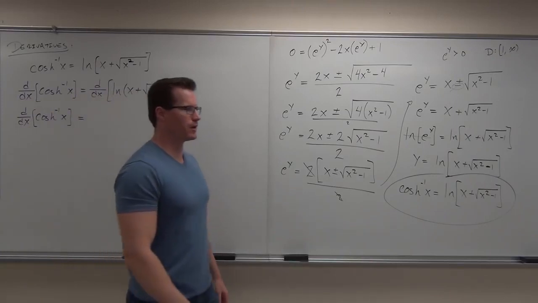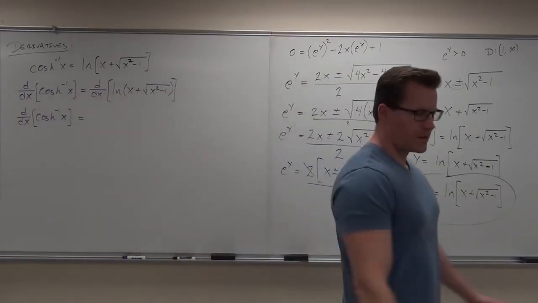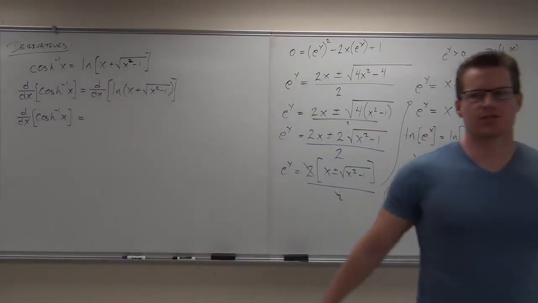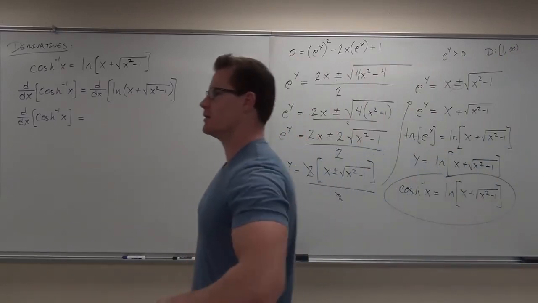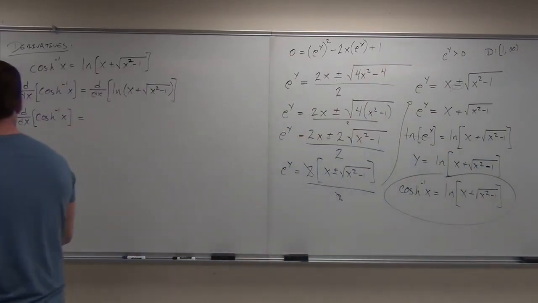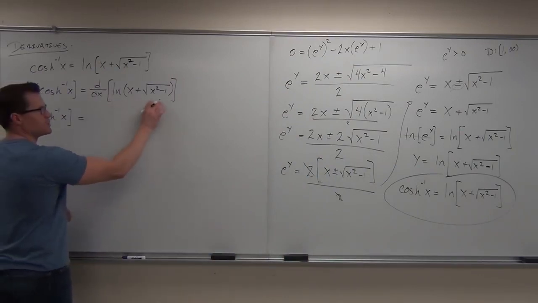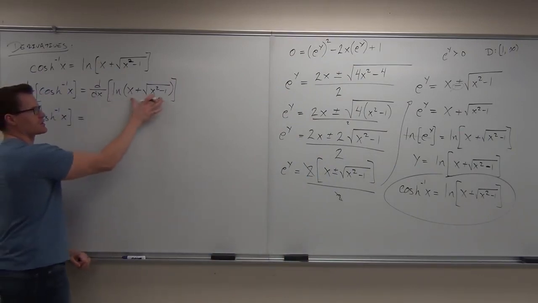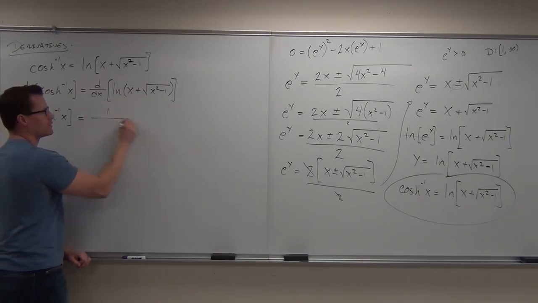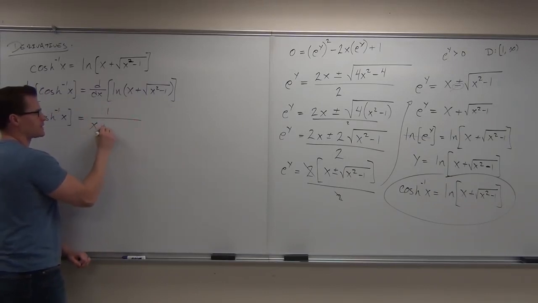So derivative of ln. 1 over the inside times the derivative of the inside. Here's our inside. 1 over the inside. This is by the chain rule.